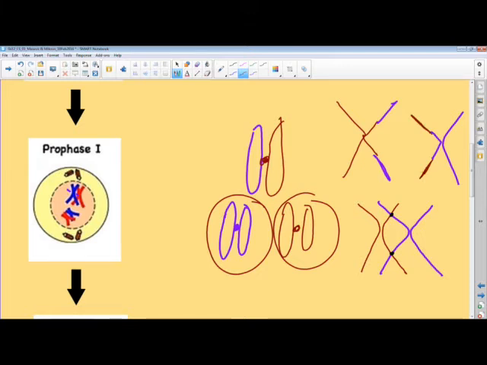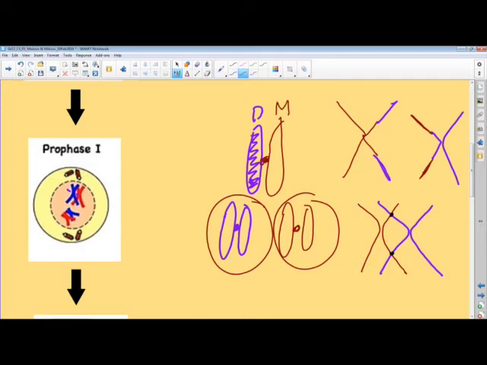Now, the importance of this, if you have a look at it, the purple and the red. If I look at this purple piece here, let's say that comes from your dad. That's the DNA that you got from your dad, right? And then this one is the DNA that you got from your mom.